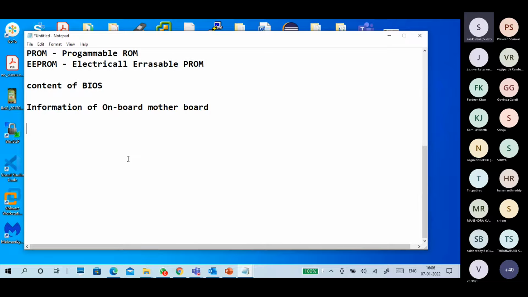So what are on the motherboard? That is also important, so we'll see what is on the motherboard.